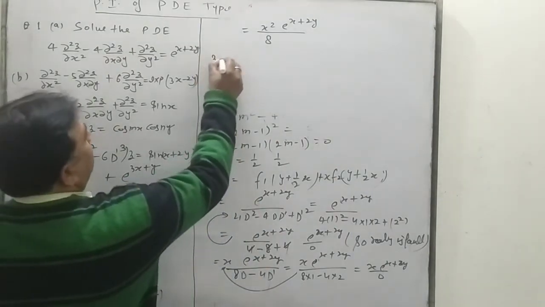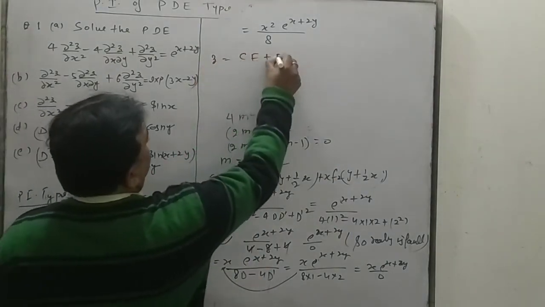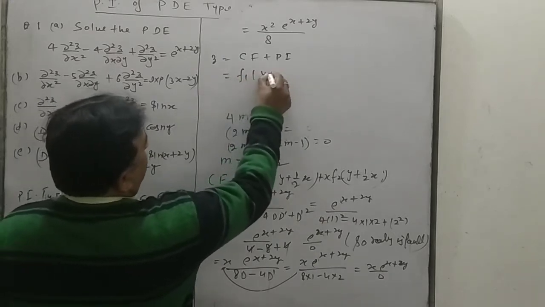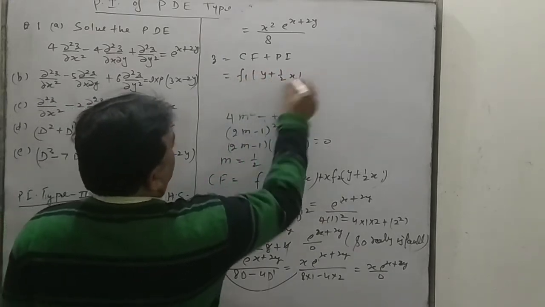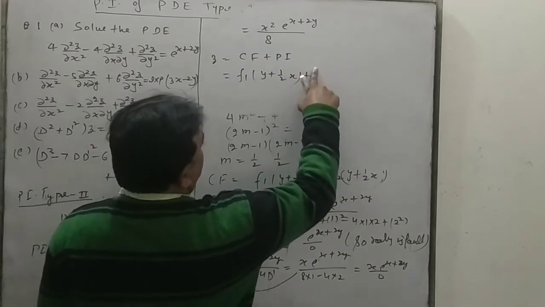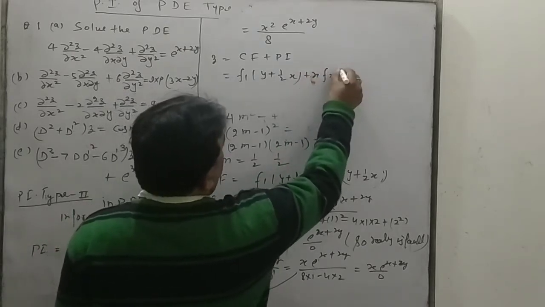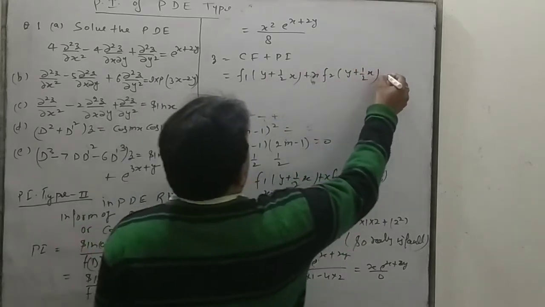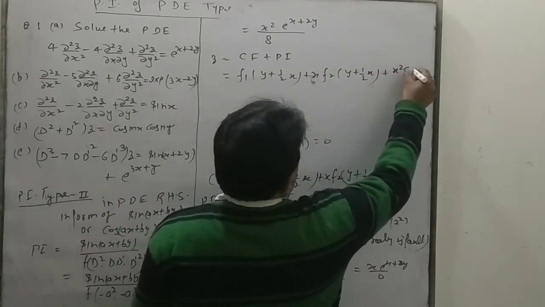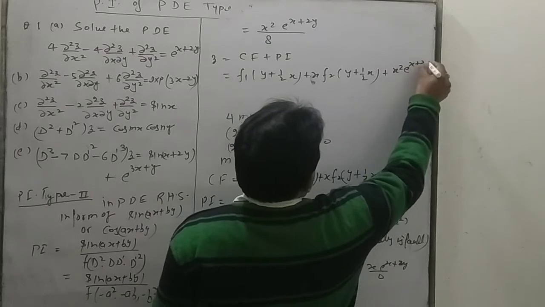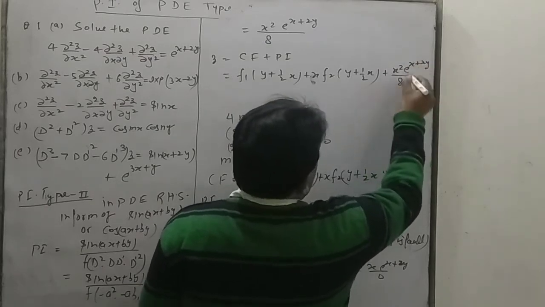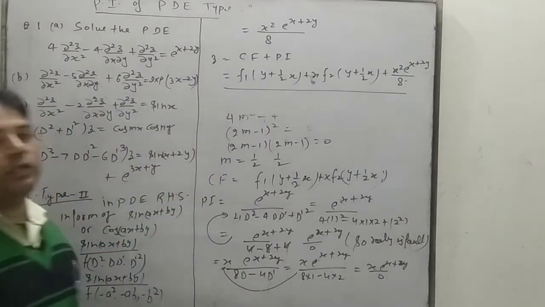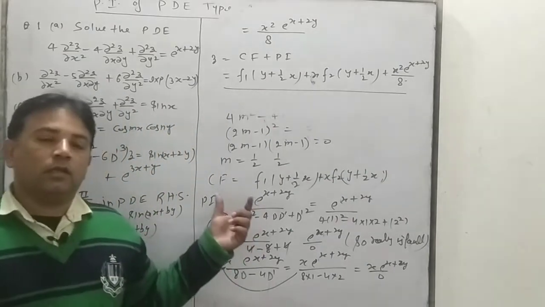Then z equals CF plus PI, that is f1 of y plus 1 by 2 of x plus x times f2 of y plus 1 by 2 of x, plus x square e to the power x plus 2y divided by 8. This is the complete answer of this partial differential equation.